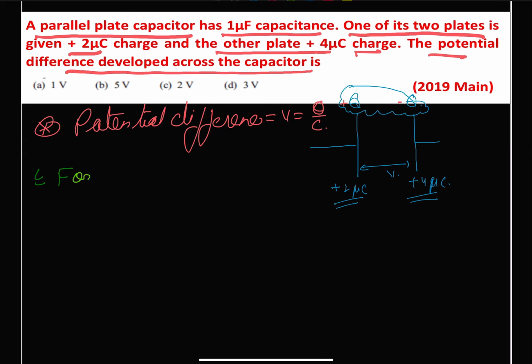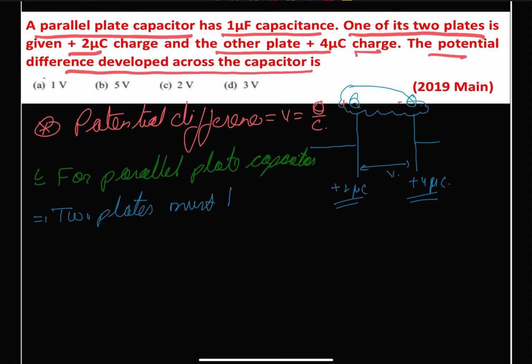For a parallel plate capacitor, the two plates must have equal and opposite charge.